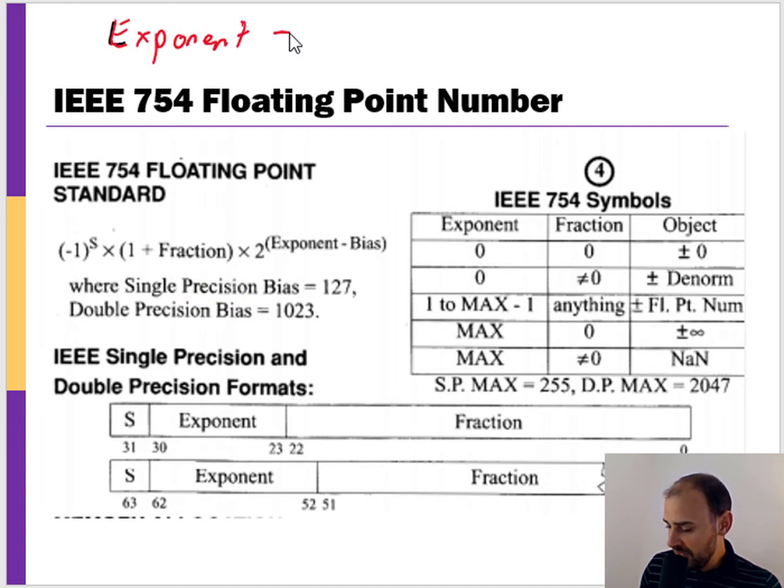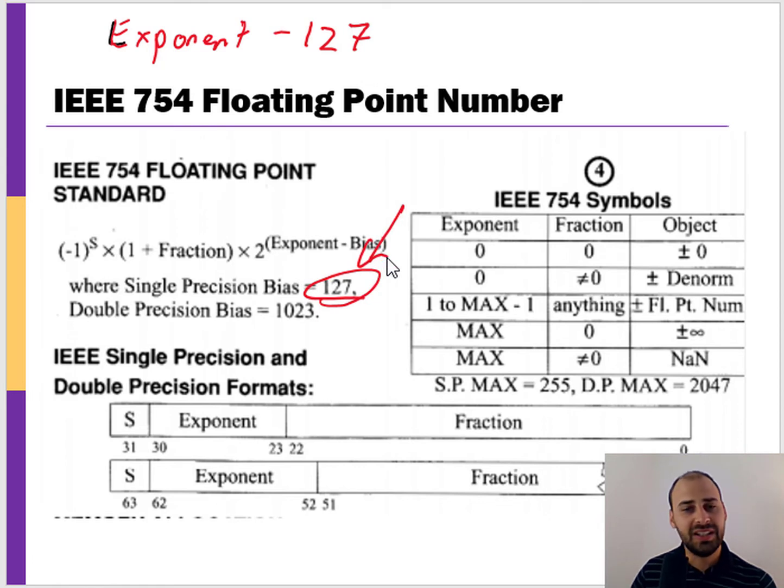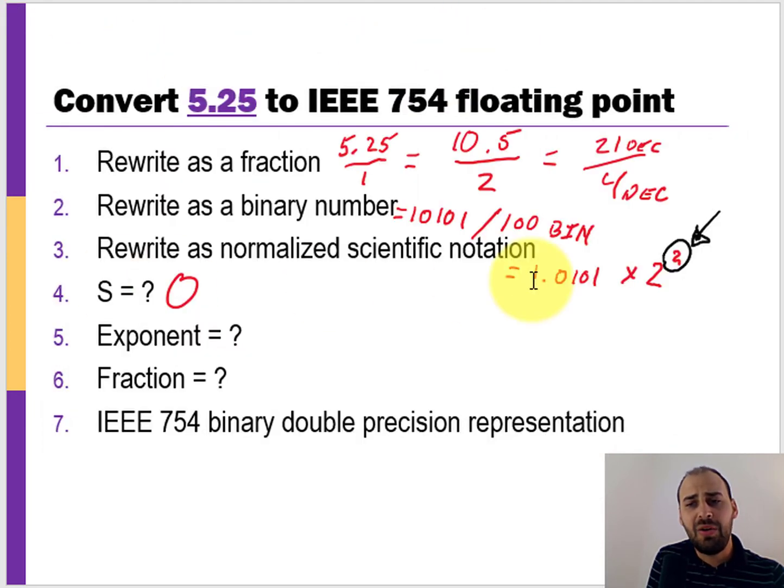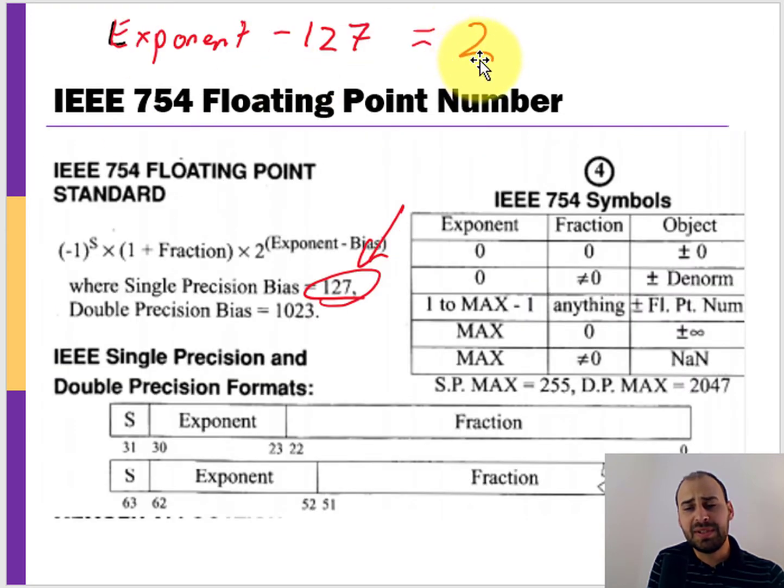We know the bias is going to be 127, because that's just the definition of the single precision bias. And we also know that the result of that is going to be 2. How do we know that? Well, we figured that out over here. When we wrote it into this normalized scientific notation, we were raising it by a power of 2 to do that. That's how we determine that this must equal 2.